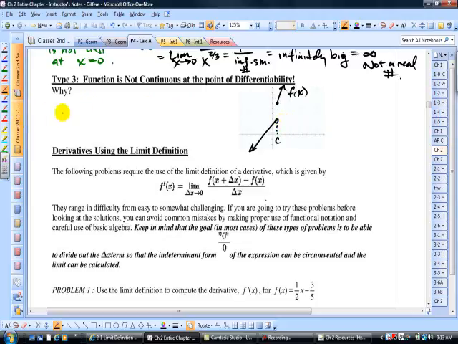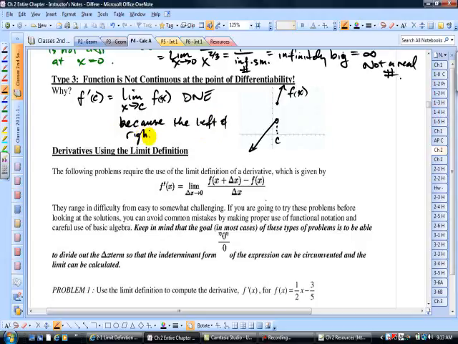Okay, why? Because f prime of c is equal to the limit as x approaches c of the function. All right, and that does not exist because the left and right hand limits are different. All right, because, as you already know from prior lessons, the left and right hand limits are different.